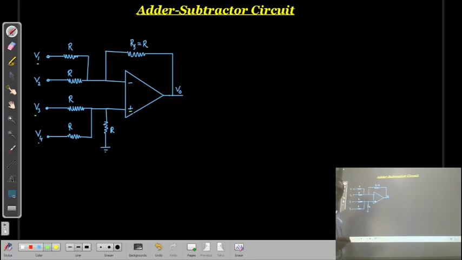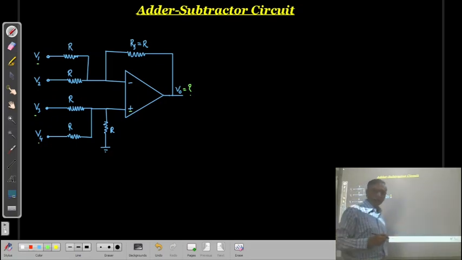It means the voltages applied to the inverting terminal work as a summing amplifier, and V3 and V4, given to the non-inverting terminal, also give you the summation of V3 and V4. Now both summation voltages are given at different terminals of the operational amplifier, so you will get the difference of these voltages. Now let us see what the expression for the output voltage of this circuit will be.